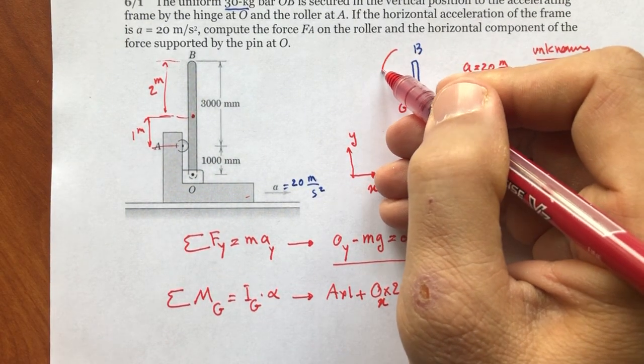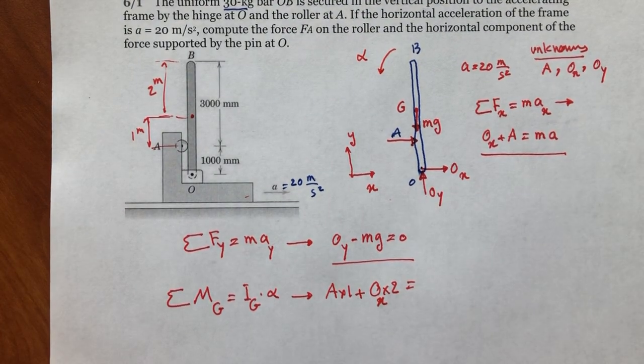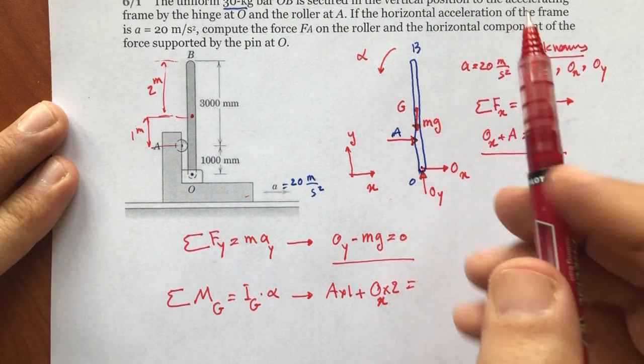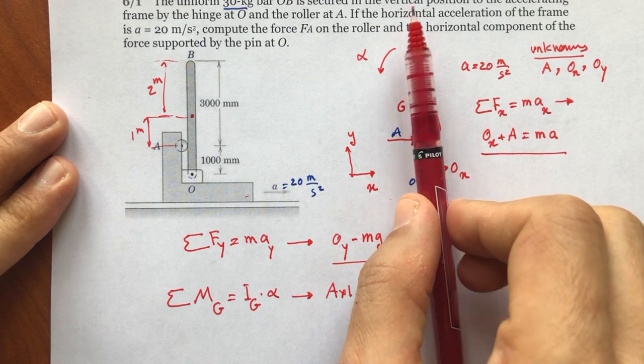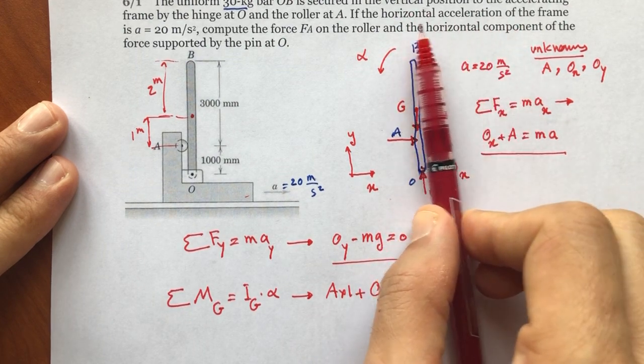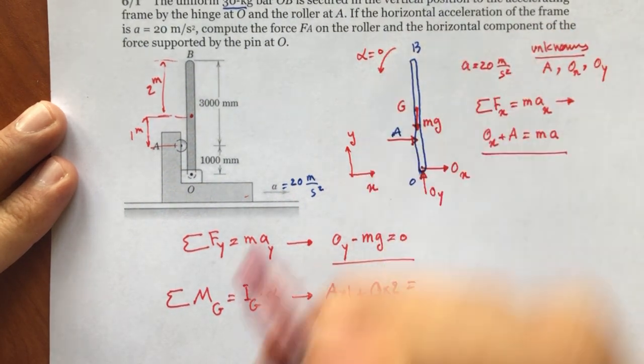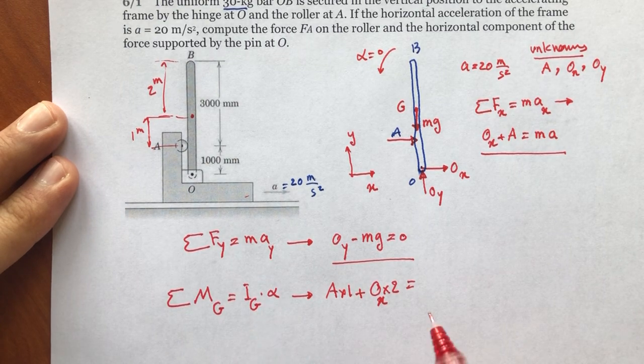So I'm going to have A times 1 plus OX times 2 is equal to IG times alpha. Alpha is the angular acceleration of this bar. It has just purely translational motion. It is not rotating. So angular velocity, angular acceleration, all of them are equal to 0 for this body. So IG times alpha is going to be equal to 0.